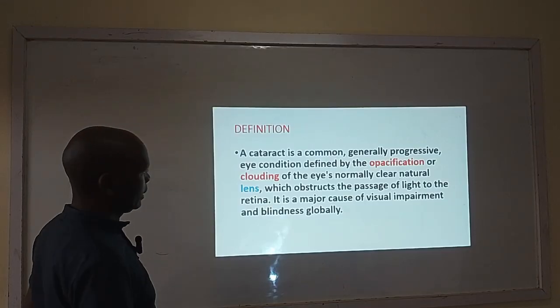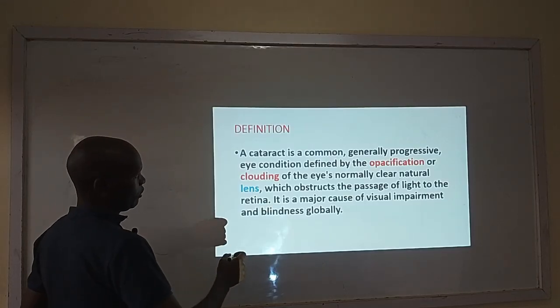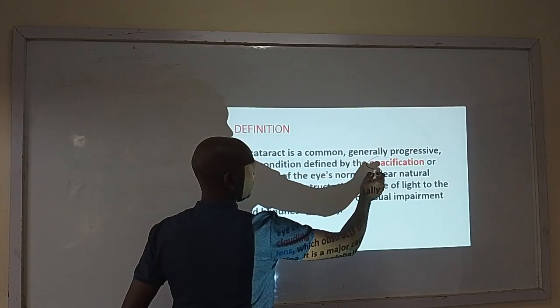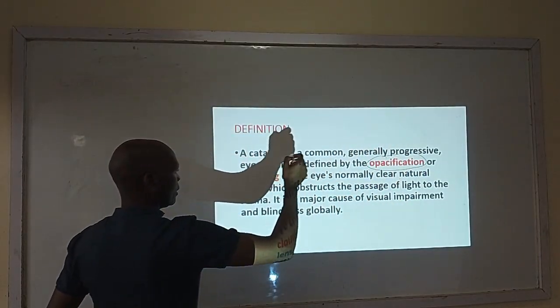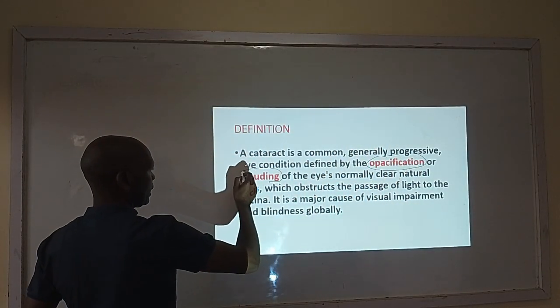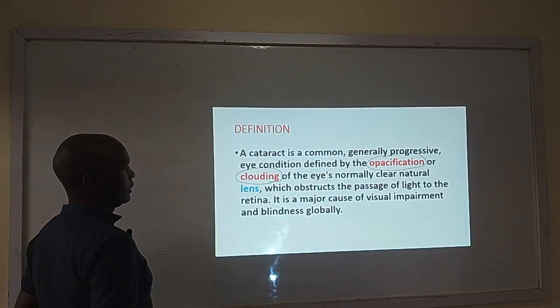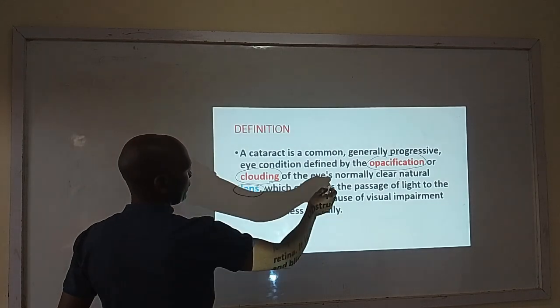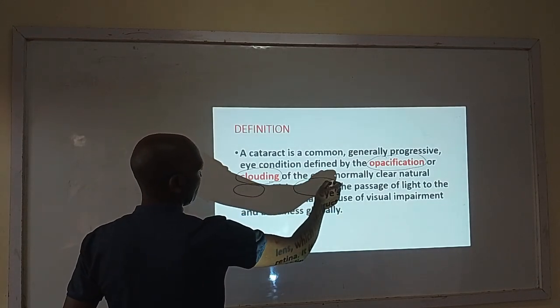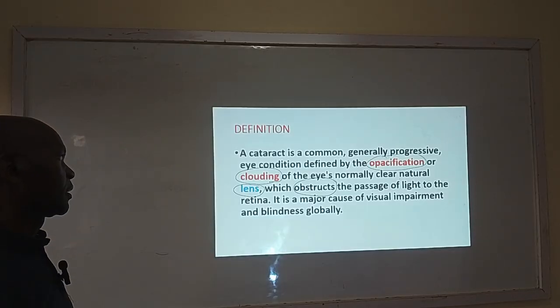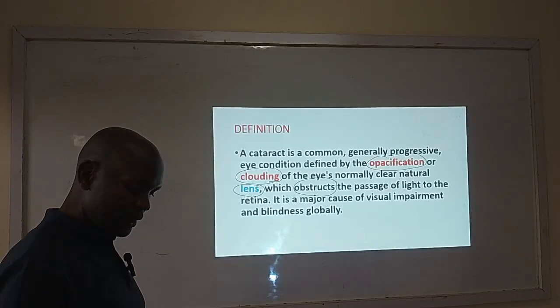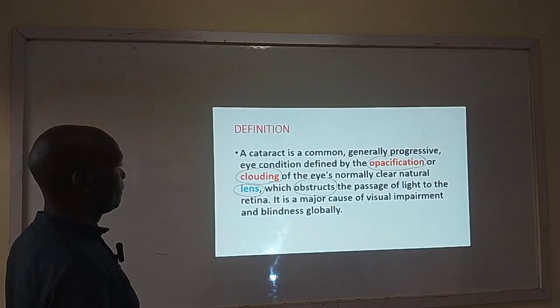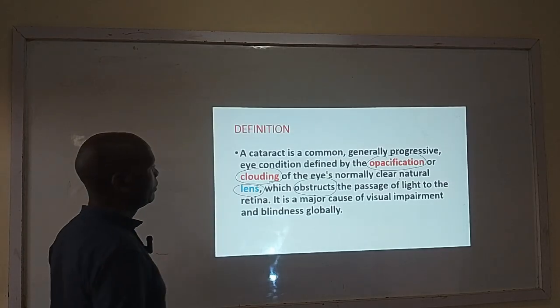So there are keywords here. There is the word opacification. There is this word clouding. And then there's lens. Then there's obstruction. So the lens, once it is obstructed, then light will not get through.